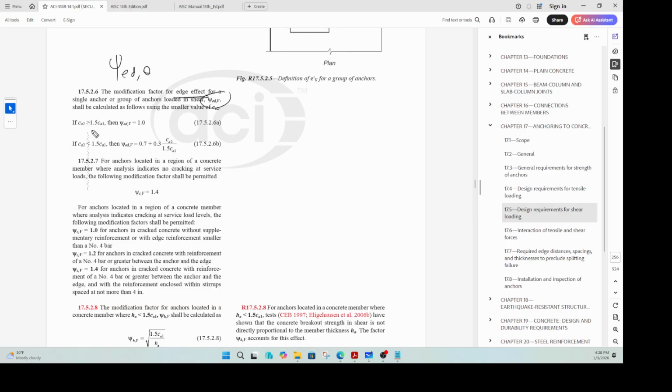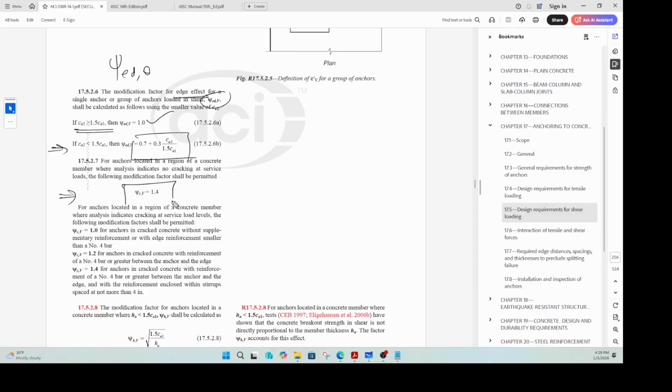If our anchor were sufficiently far away from the edge, this would have been 1, but our anchor is not far away from the edge, so we need a modification factor, and that is calculated from here. Okay, so now that we are here in this section, again, this is an essential skill. When you are in an exam, working on this one, if you think this is also useful for your problem, then you need to pick up that. You should not go back to your calculation page and then come back here.